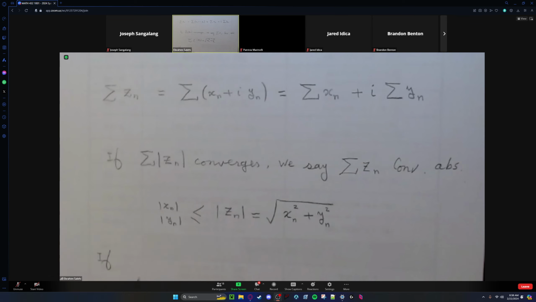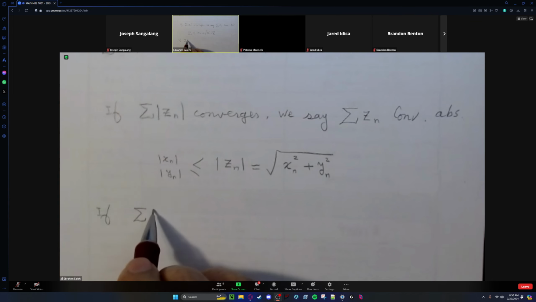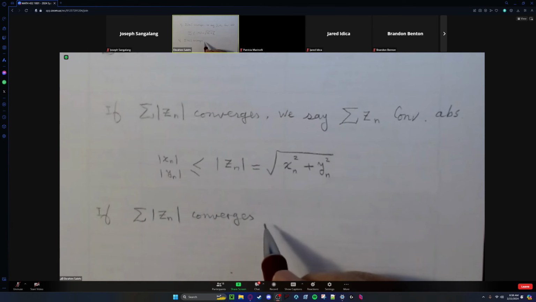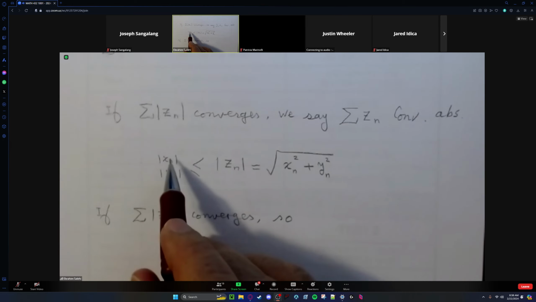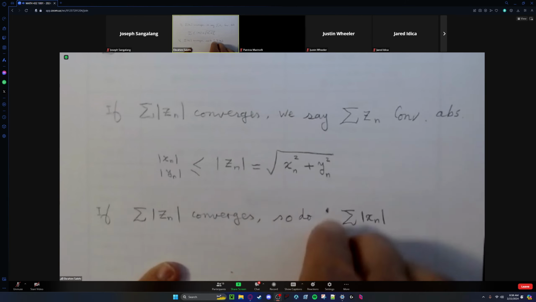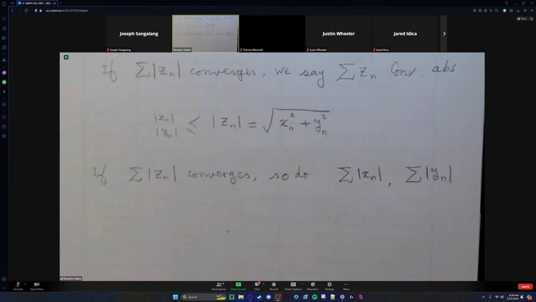This is a beautiful observation. Therefore, these two series converge absolutely, which means they will converge, okay?